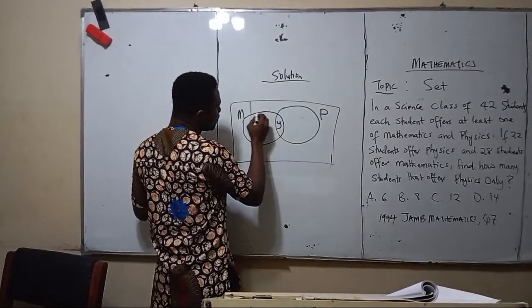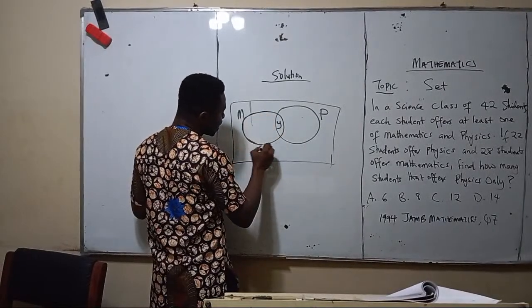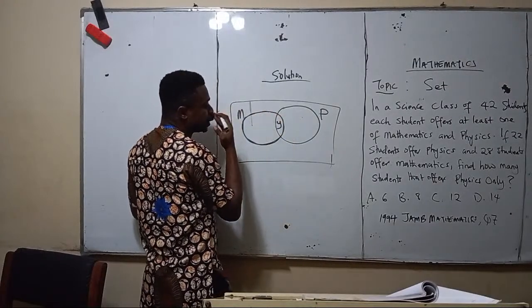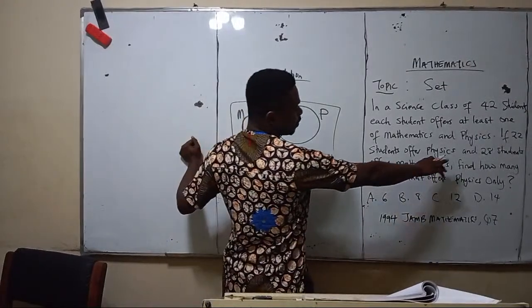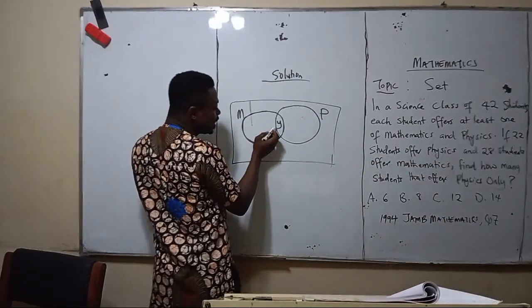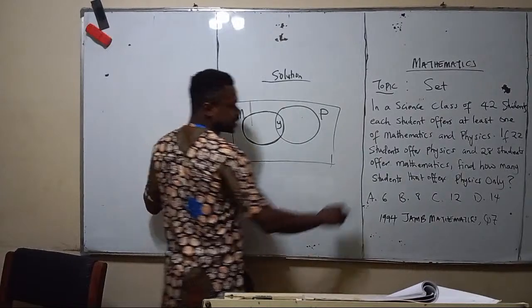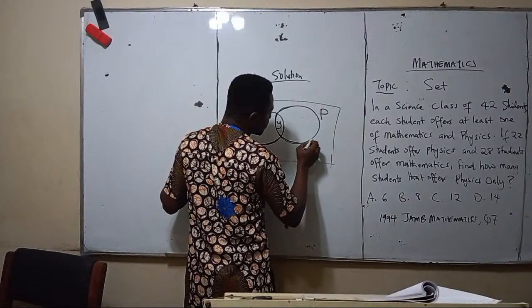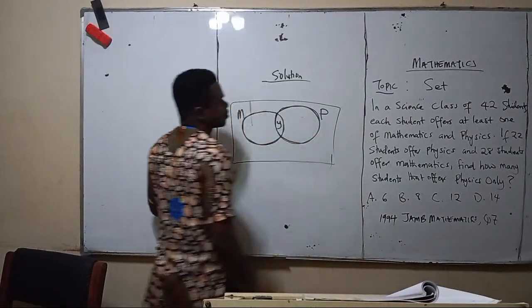Here alone contains the number of students doing mathematics, including part of this Y. The same thing, here alone contains the number of students doing physics.